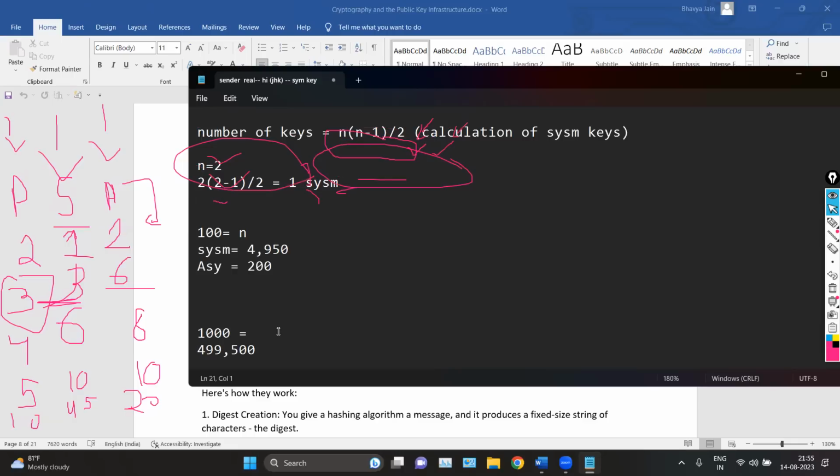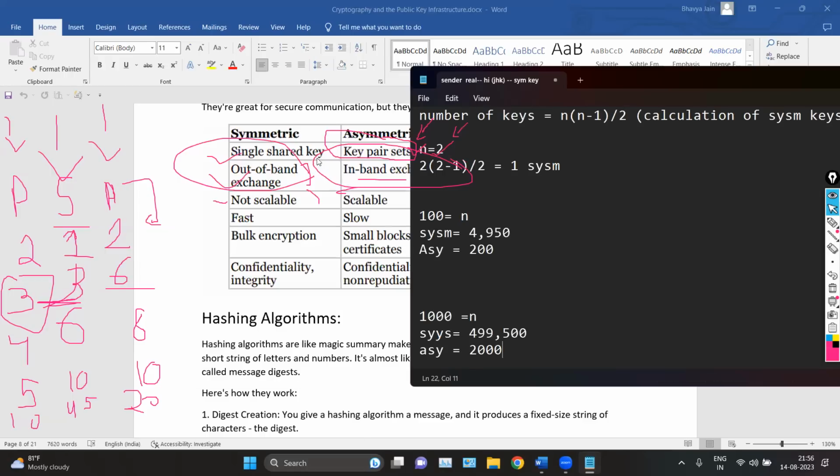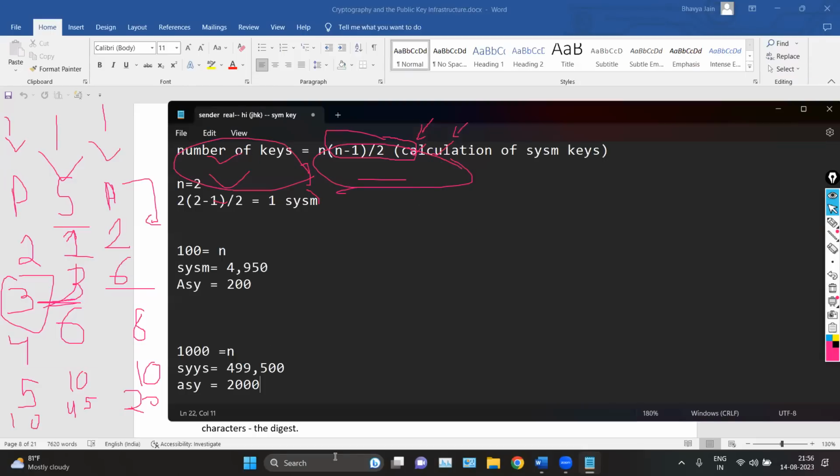This is the value of n here, this is the symmetric keys you need, and this is the asymmetric keys you need. Now here you can check the scalability. Scalability is better in asymmetric than in symmetric, because for the increasing number of users in your group, symmetric needs many extra keys as compared to the asymmetric algorithm.